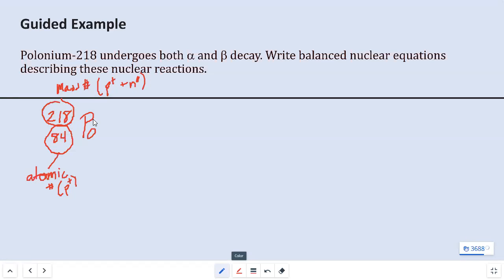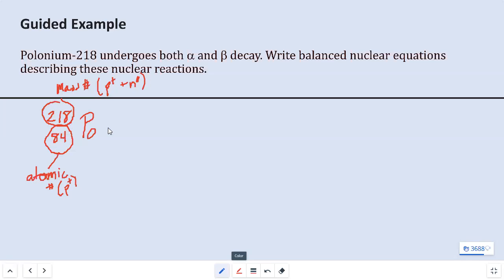Now, if there is a charge, which usually in nuclear reactions we aren't concerned with, it would be here on the upper right-hand side as well. Again, in nuclear reactions we're not usually concerned with charge because everything's got a funky charge anyway. We're really concerned about the nucleus, and electrons aren't part of that nucleus.